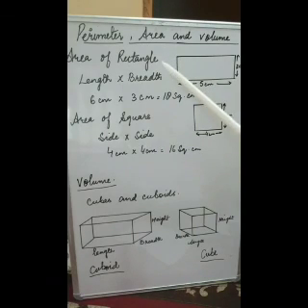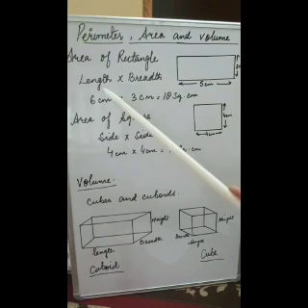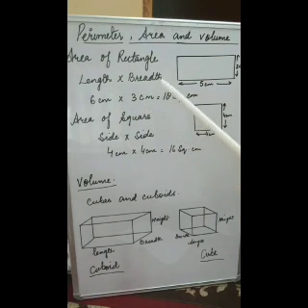So, whenever we have to find the area of a rectangle, we multiply length with its breadth. So you can see here we have a rectangular figure with 6 centimeters as its length and 3 centimeters as its breadth.